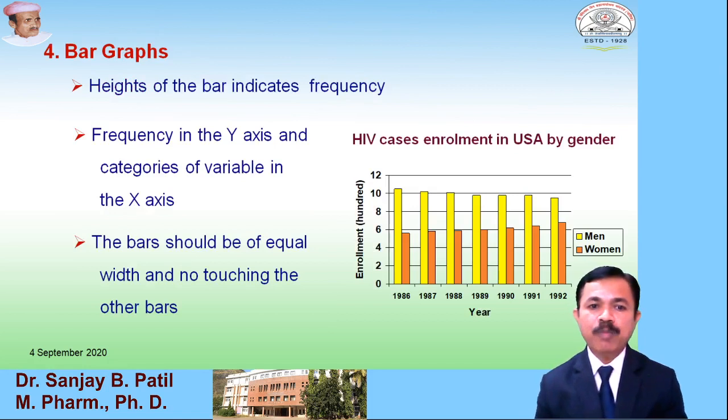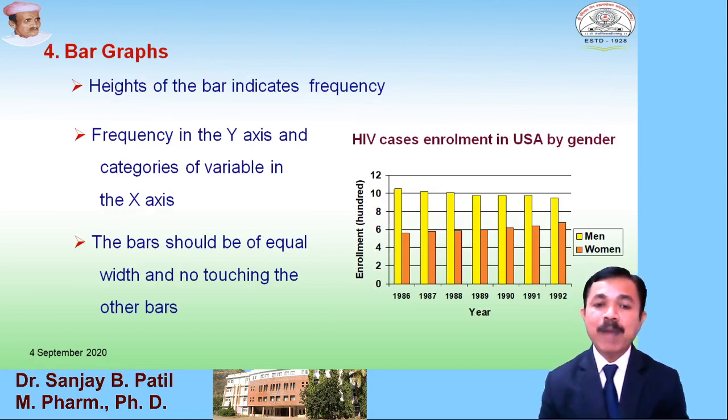Fourth type of graph or chart is the bar graph. So what is a bar graph?